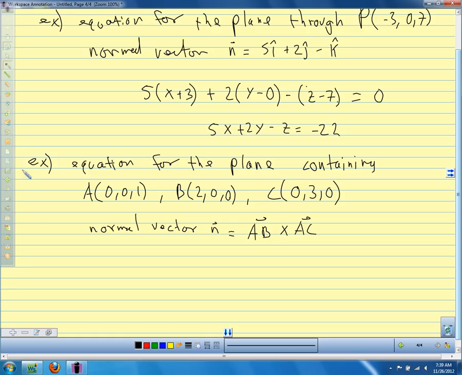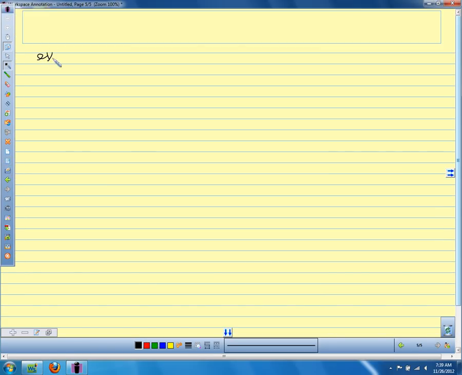Let's do a distance problem, and then I just have a couple of things to expand on, and then we're done. So we'll do a distance problem next.